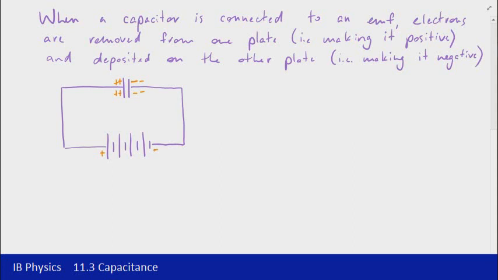Now initially, when the plates are neutral, a large current will flow. When we first connect up the circuit, a very large current is going to flow, because there's no excess charge anywhere, and so we can have a lot of electrons flowing through the circuit.